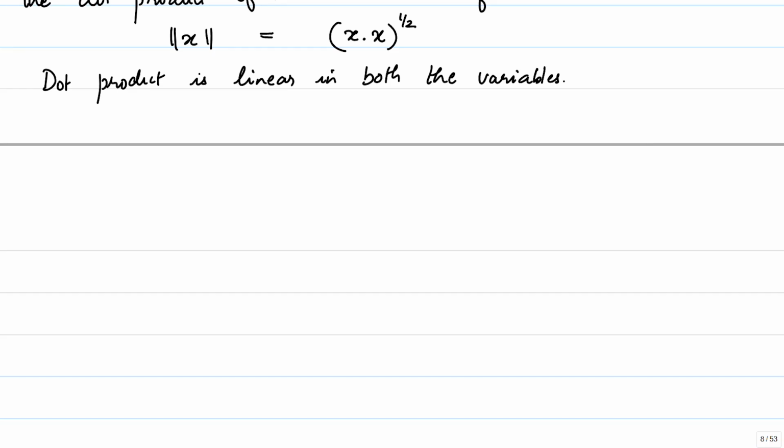And just like in the previous case when we defined vector spaces, we noted that mathematicians have studied these objects for many years, and they have identified those properties of the dot product which are desirable and which need to be generalized to the more general setting of an abstract vector space.